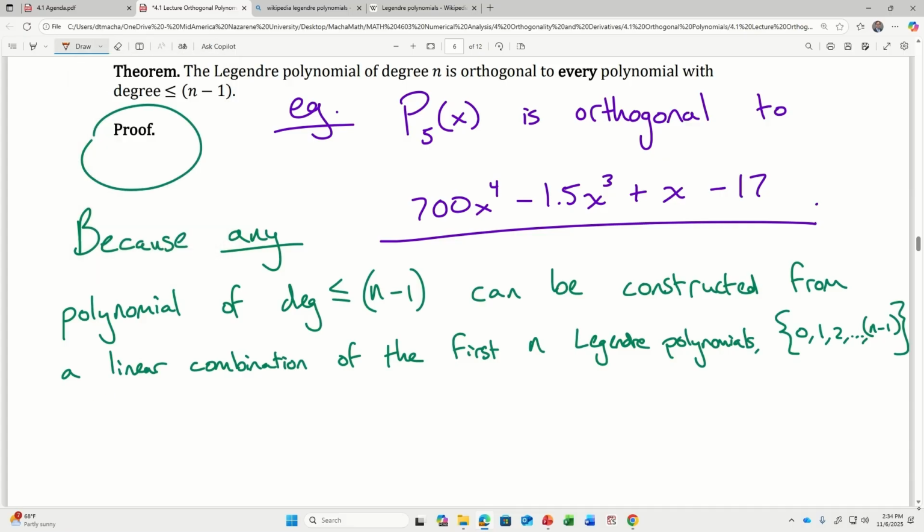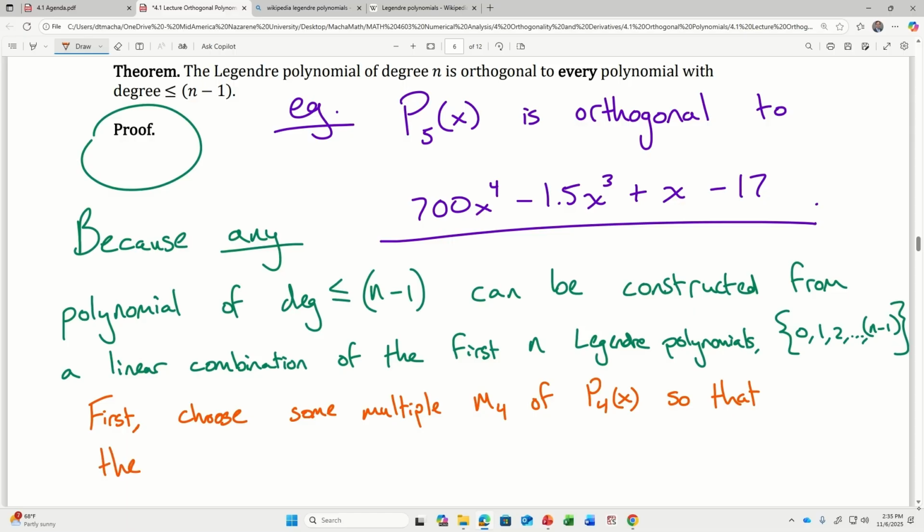So first, choose some multiple, I'll call it m, for multiple, of the 4th degree Legendre polynomial, so that the leading coefficients match.